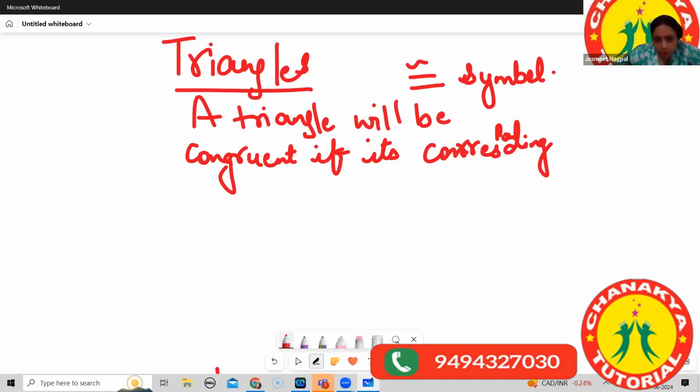Because I think maybe there are issues now, so that's why I wrote it wrong. Corresponding sides and angles are equal.